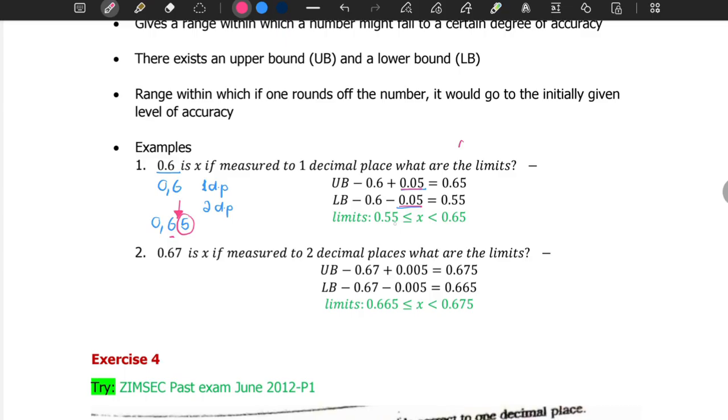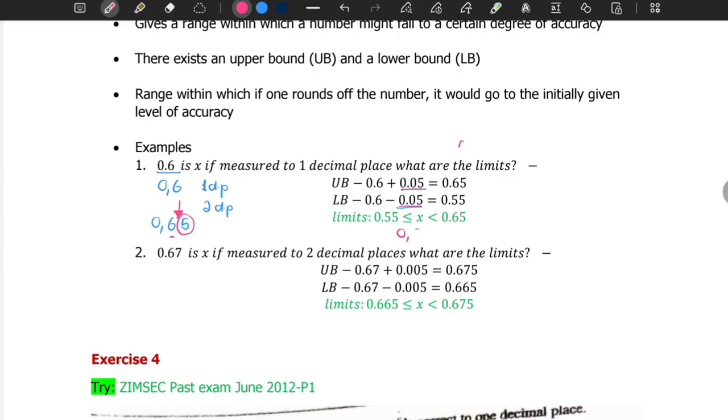Now when you look at it, it also requires that you know inequalities. Any value between 0.55 and 0.65, if it's rounded to one decimal place, we will get 0.6.